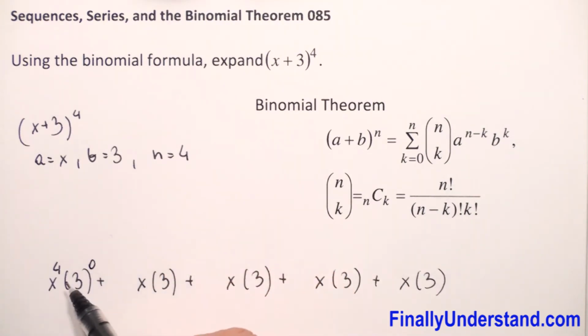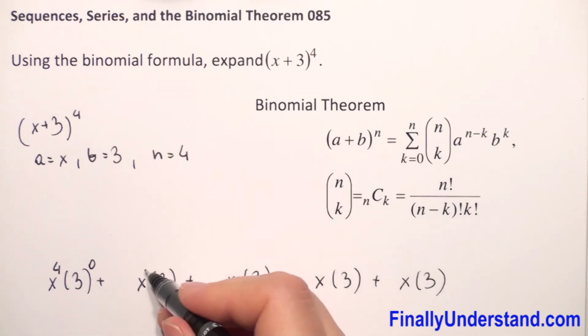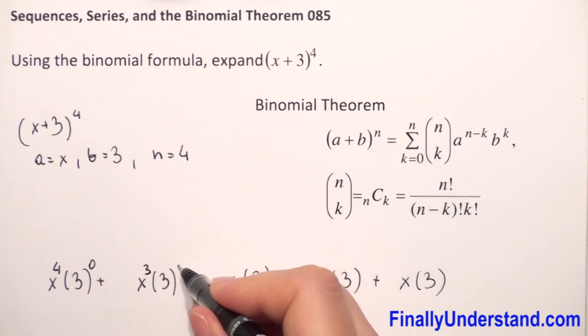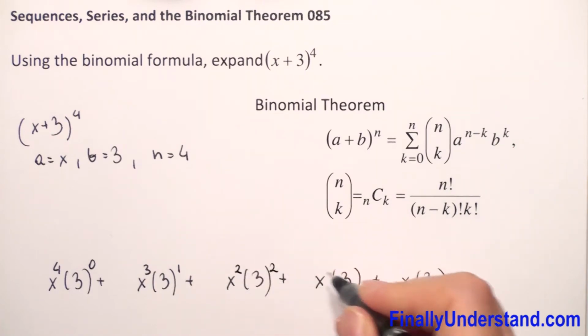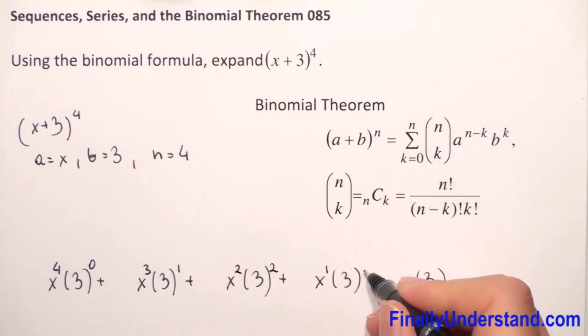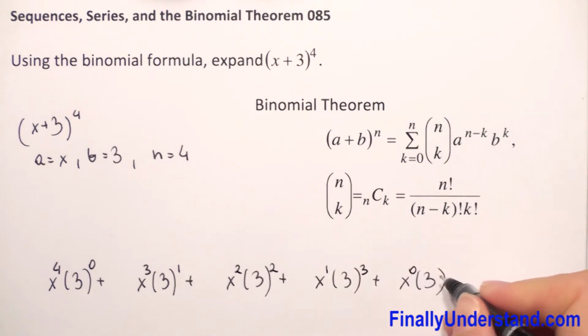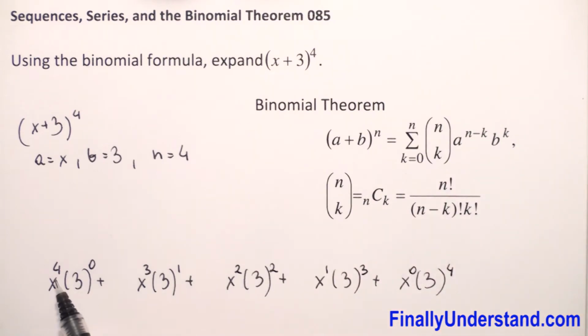Next, the power of the first expression will go down, and the power of the second expression will go up by 1. So 4 minus 1 is 3, and 0 plus 1 is 1. So now we will have 4 and 0, 3 and 1, 2 and 2, 1 and 3, 0 and 4. We see the first power is going down, the second is going up.